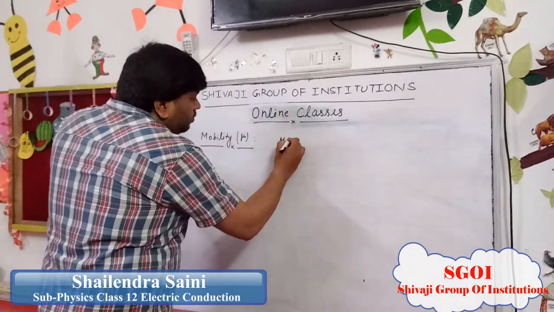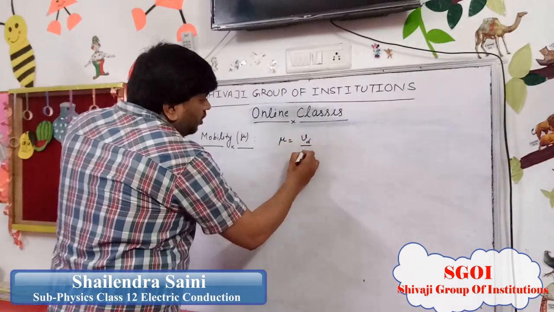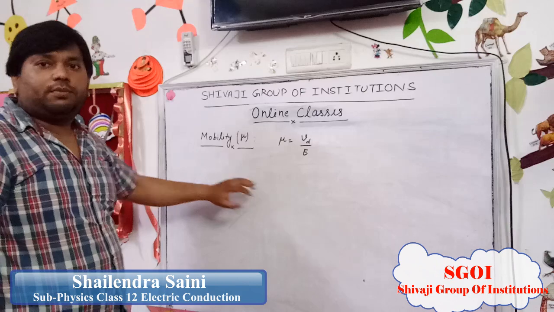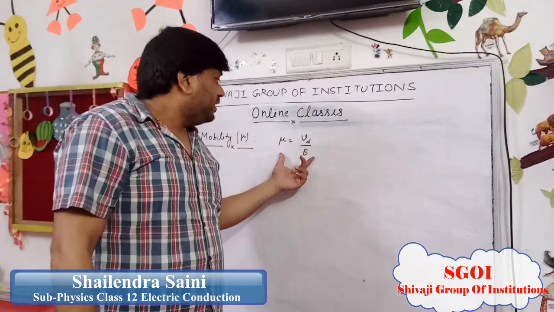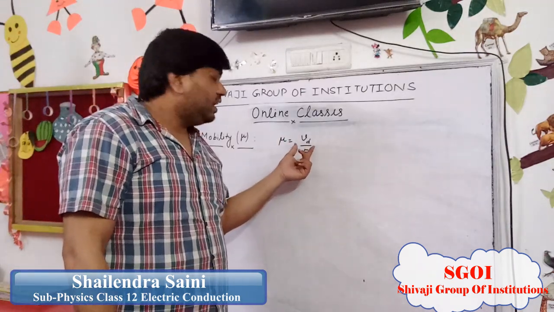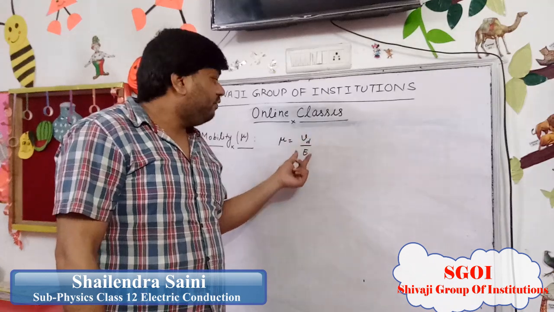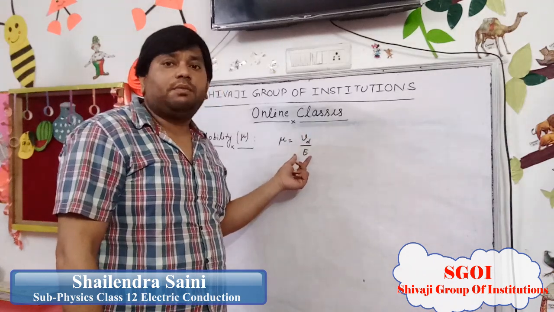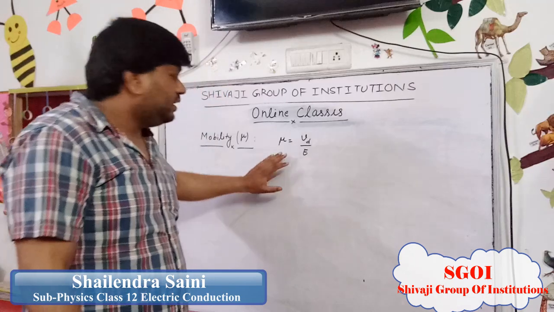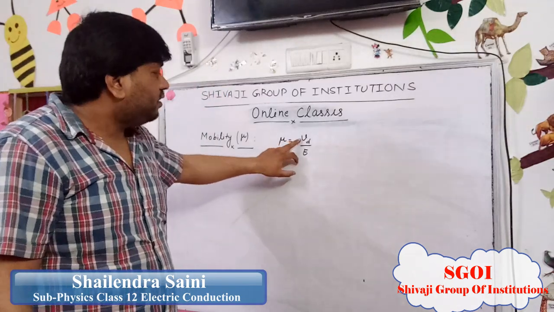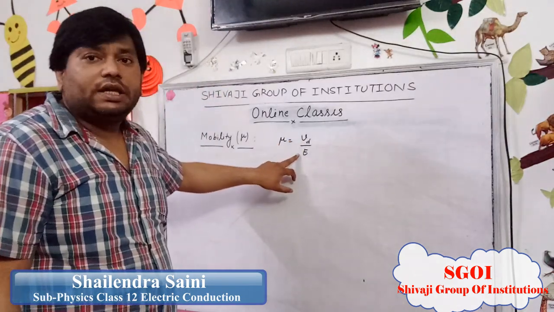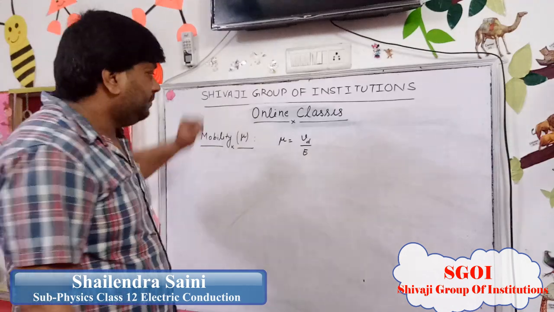Mobility mu is equal to Vd upon E. So what is this mobility? It is simply the ratio of drift velocity to the electric field applied across the material.